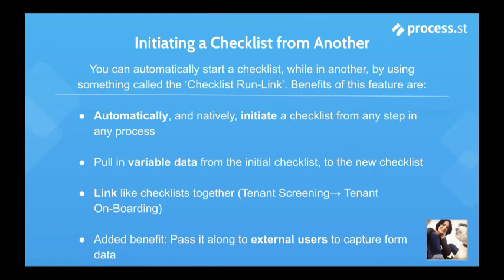You can also share a checklist run link with an external user, such as a property owner, tenant, cleaner, or vendor, and have them initiate their own checklist so that you can capture data from them and you don't have to pass back and forth a bunch of emails and follow up with phone calls and dig for all the pieces of information that you need. Also, what's great is you can initiate all of this inside of Process Street, no third-party automation needed.